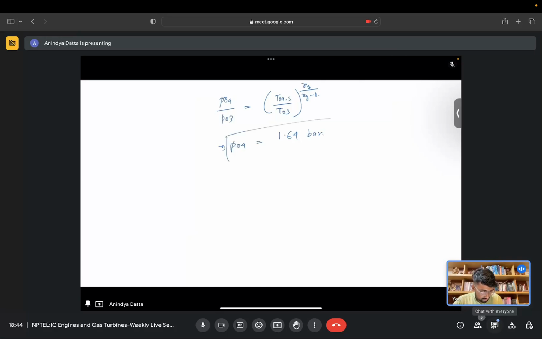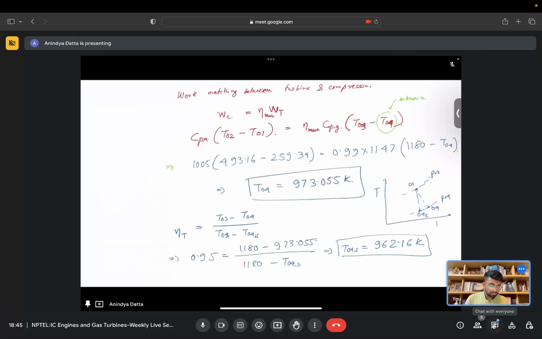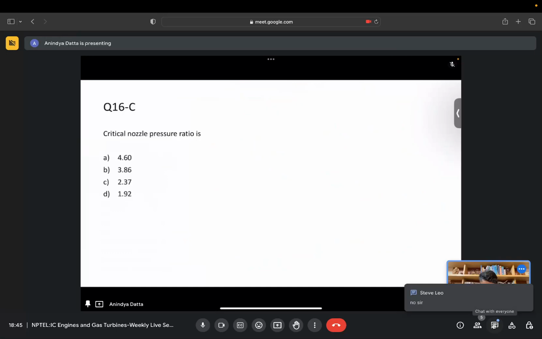This is what the question asked, the pressure at the exit of the turbine. So what we are getting is answer option C. Any doubt? Okay, good.